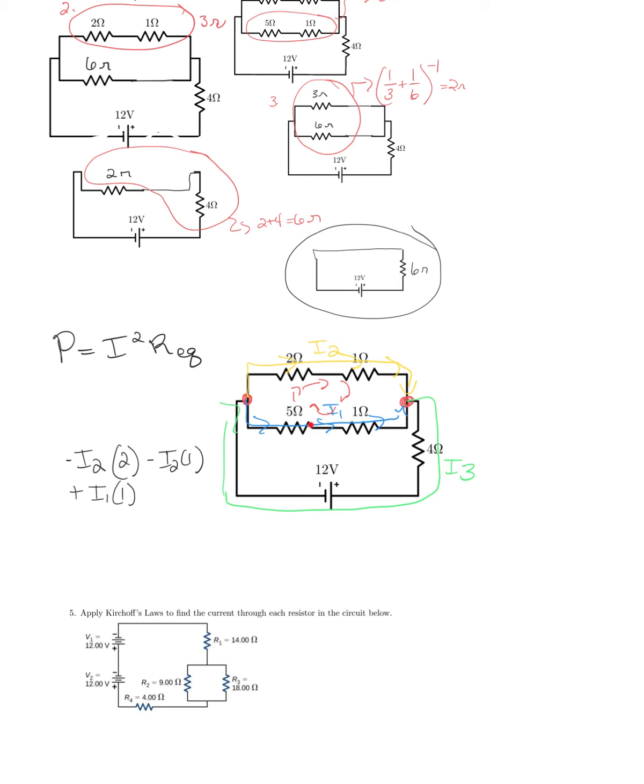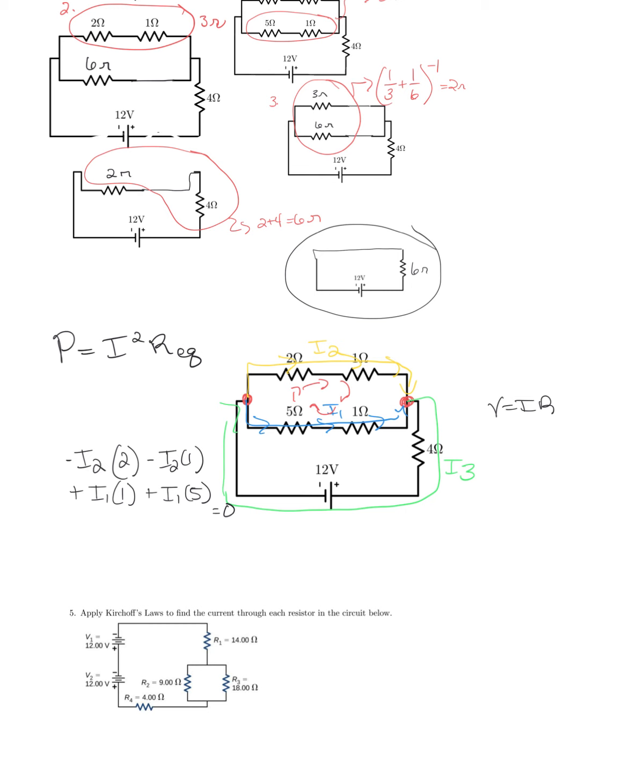We have the same situation with our 5 ohm resistor, where our current is flowing in the opposite direction of our loop, so we will add it: plus I1 times 5. Then we keep going, and we have now finished our loop. So the sum of all the voltages equals 0. Voltage equals I times R, and that's what we have here.